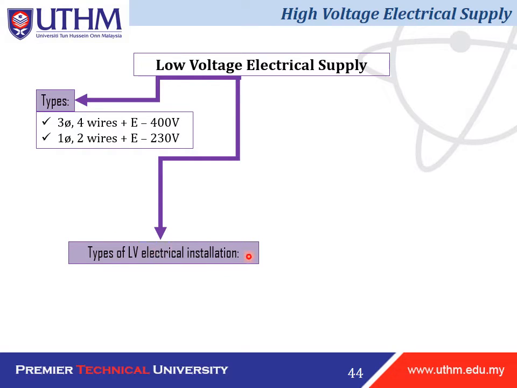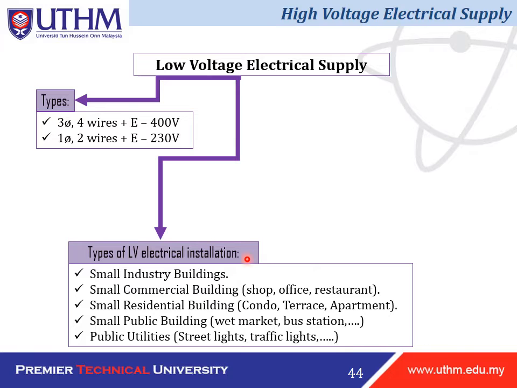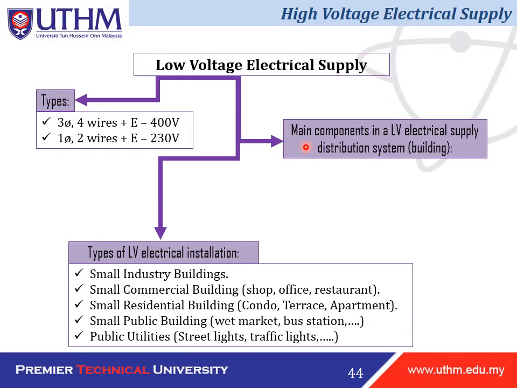The types of low voltage electrical installation can be for small industry buildings, small commercial buildings such as shops, offices, restaurants, residential buildings like condos, terraces, apartments, small public buildings like wet markets, bus stations, and also public utilities such as street lights, traffic lights, and etc.